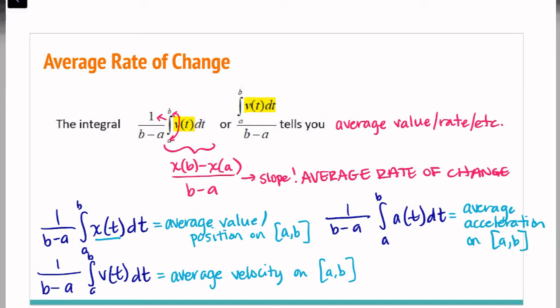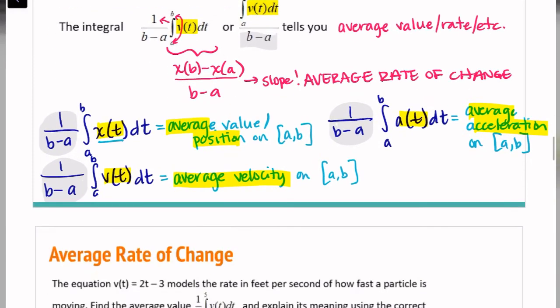Okay, so notice here, A of t is average acceleration, X of t is average position, V of t is average velocity. And notice that all of these have this fraction in the front. So anytime you see a fraction in the front of your integral, or even below your integral, most of the time that's going to be showing average rate of change.